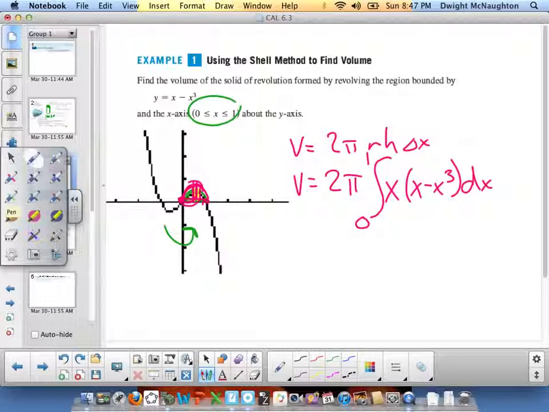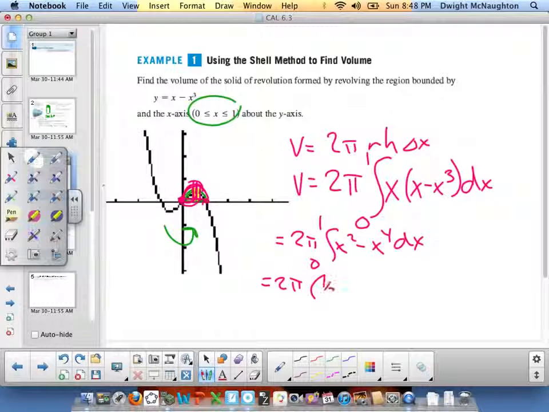So our volume is 2 pi integral from 0 to 1 of x minus x cubed dx. We can work that through: x squared minus x to the 4th dx. We integrate it and get 2 pi times 1/3 x cubed minus 1/5 x to the 5th, from 0 to 1.